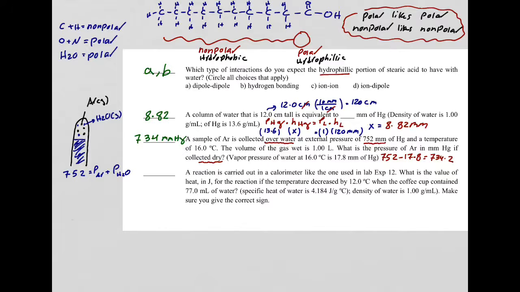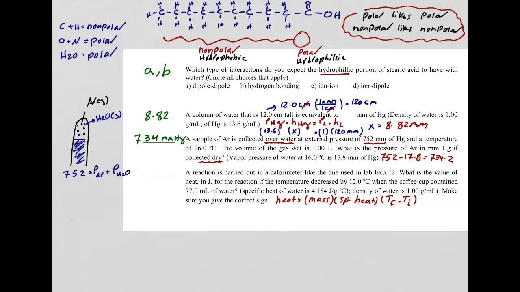When you have a calorimeter and the temperature is changing, you need to use the equation where heat or energy equals mass times specific heat times T final minus T initial. So this is what we are doing.